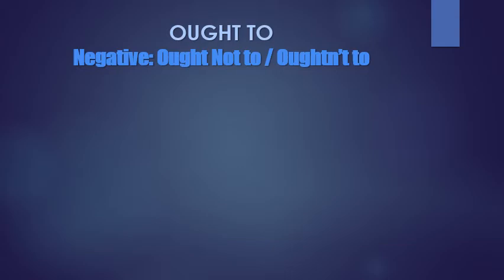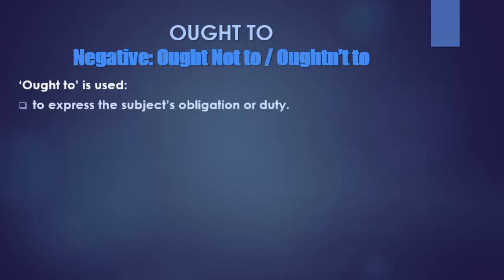Ought to. The negative form is ought not to or oughtn't to. Ought is used to express the subject's obligation or duty. The subject, the one about whom we are talking, has certain obligations or duties.